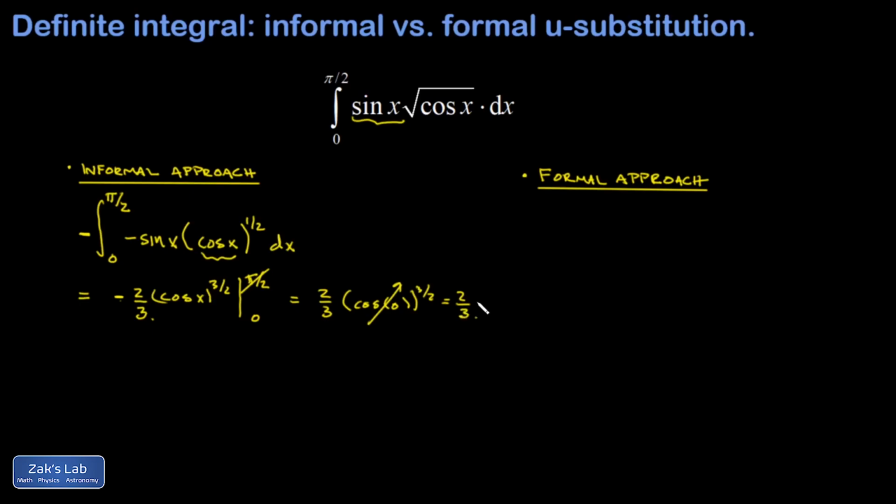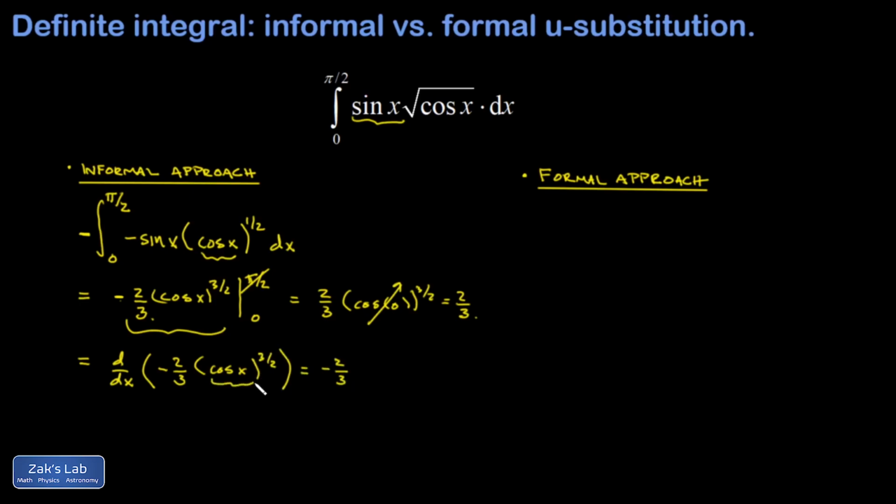Now I highly encourage you to check your answer when you're using the informal approach to an antiderivative. So I want to differentiate this thing and verify that I actually get the original integrand. This is also really good practice on just building your intuition for how the chain rule works. So in this derivative, the -2/3 is a spectator.